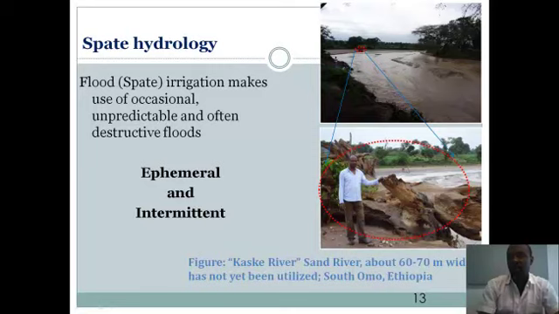Often those resources are not measured and do not get attention, because they last for a short time and for most of the time they are dry, and people or any planner see those streams being dry. For example, this is a resource in South Omo of Ethiopia.